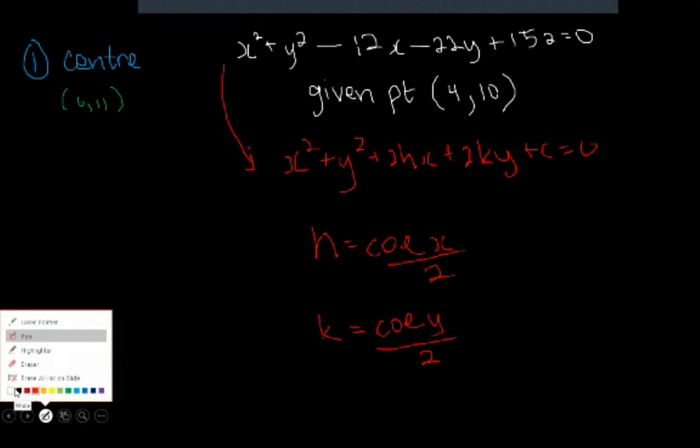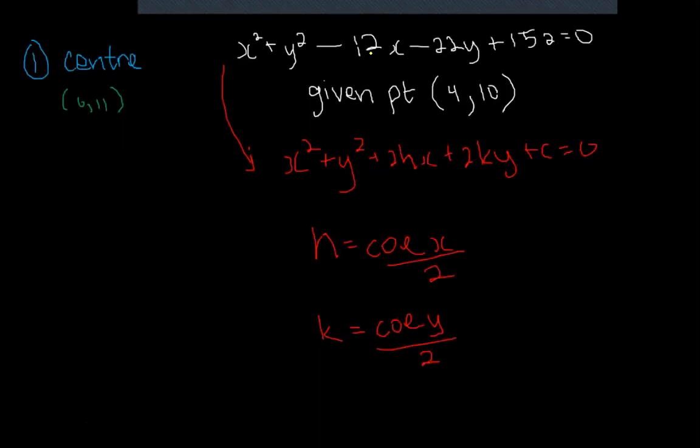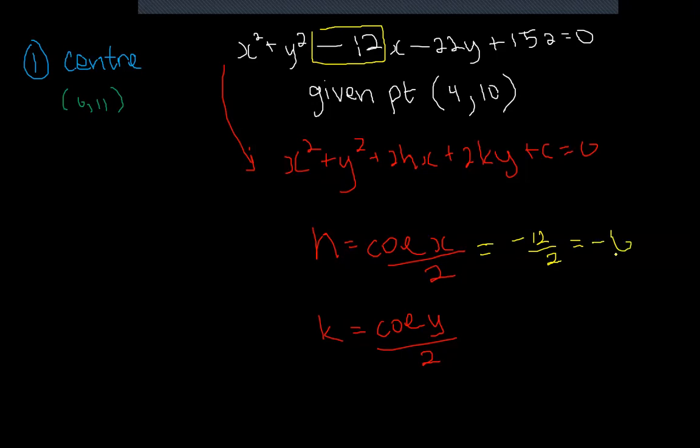Coefficient of x just means the number that comes before x. In this case, it's minus 12. Not just 12, minus 12. So to find h, minus 12 divided by 2, which is equal to minus 6.